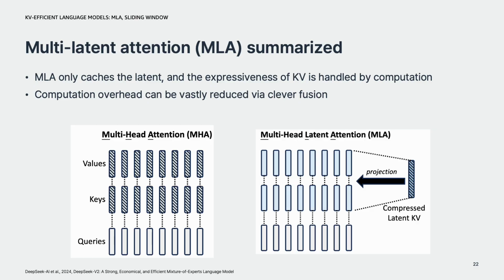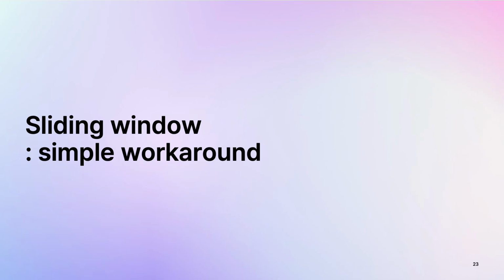And obviously, this would result in more computation overhead in return for saving KV cache size. And this computation overhead can be vastly reduced by clever fusion. And this clever fusion is allowed by the effectiveness of partial rope, where we only apply the rope to a few dimensions of queries and keys. And that was it for MLA.